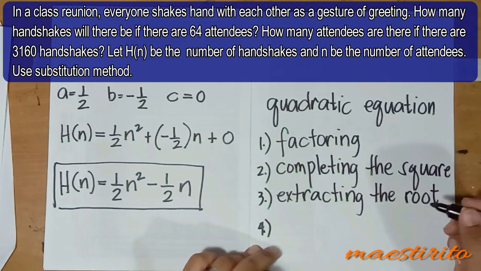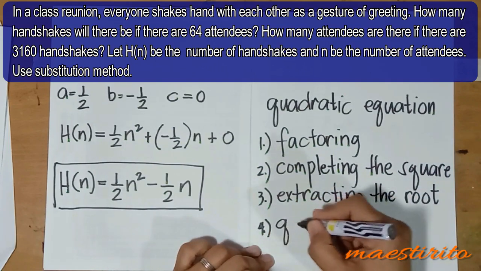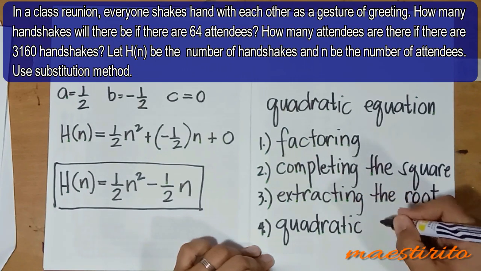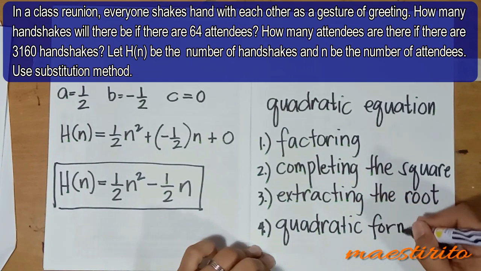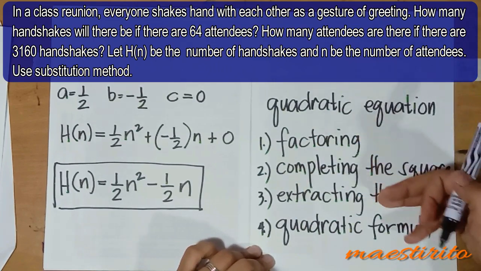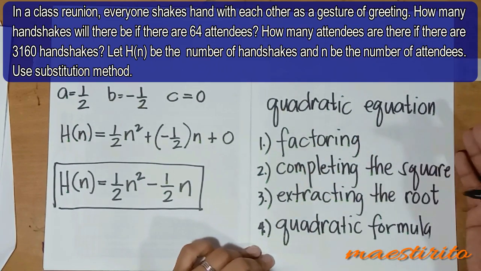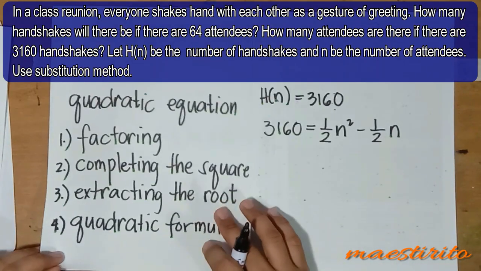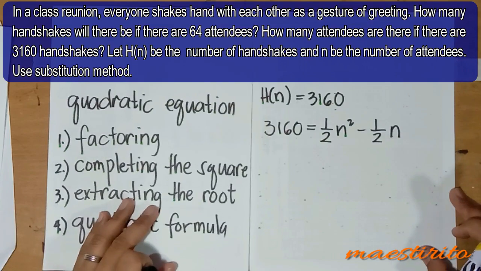Most of the students are asking for the formula, so we can also use the quadratic formula. I hope you still memorize this formula. So these are the 4 methods. You may choose whichever is most applicable to solve for the quadratic equation, because in this case we will be having a quadratic equation.